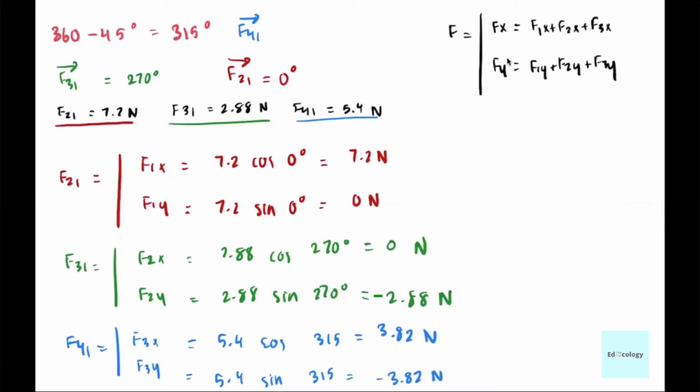For Fx you will get 11.02 newtons, and for Fy you will get negative 6.7 newtons.